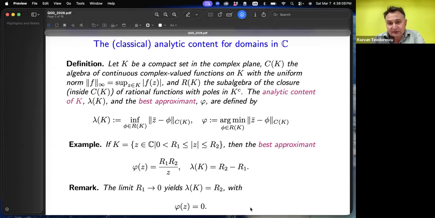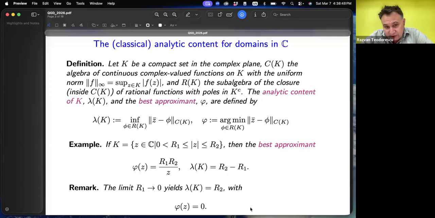The classical analytic content problem for domains in C, but easily extended to higher dimensional complex geometries, is strictly speaking a problem of approximation theory, in which we start from a compact set, K, and we denote by C of K the algebra of continuous functions on K with the uniform norm, and by R of K the subalgebra given by the closure in this algebra of continuous functions of the set of rational functions whose poles are in the complement of the compact set.